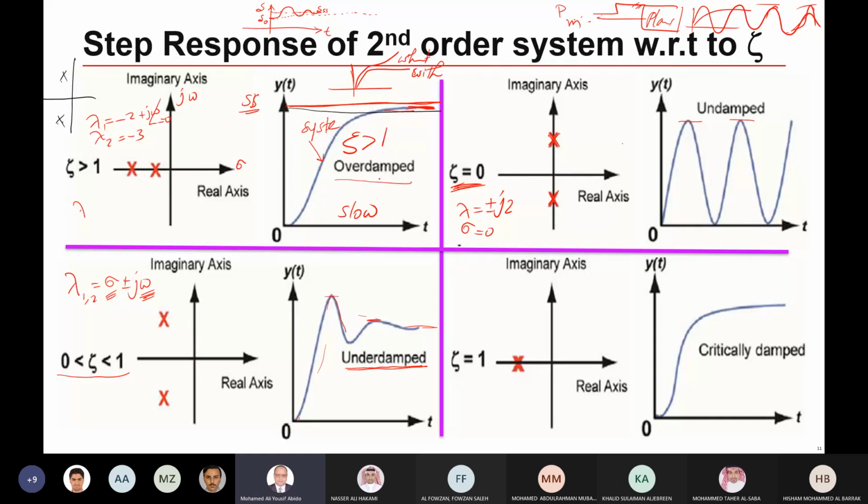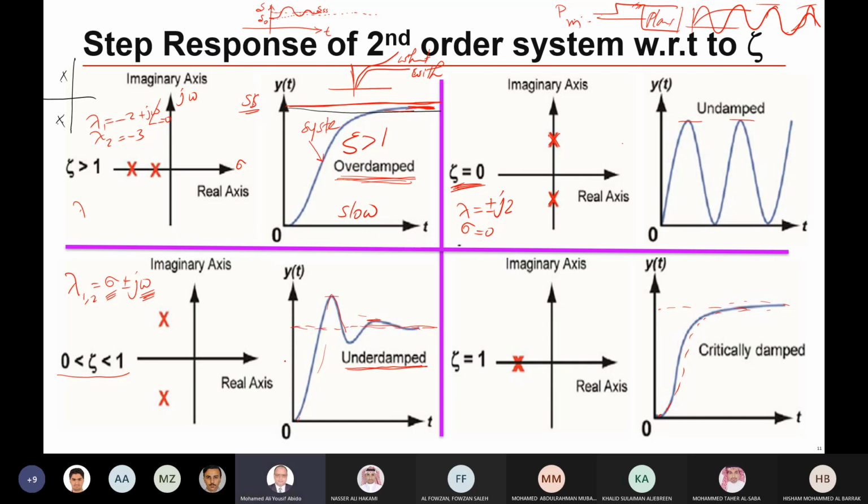The response here is slow if it is overdamped. So overdamped is a slow response. Here it reaches the steady state value faster than the overdamped. You allow here for the underdamped system to go over the steady state, to oscillate around the steady state.